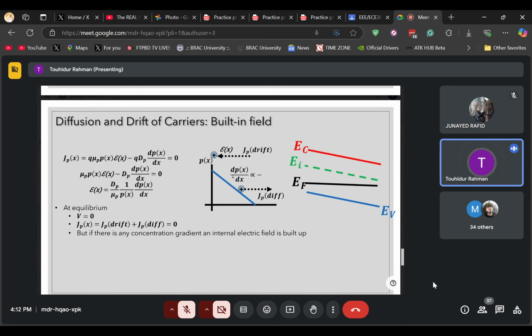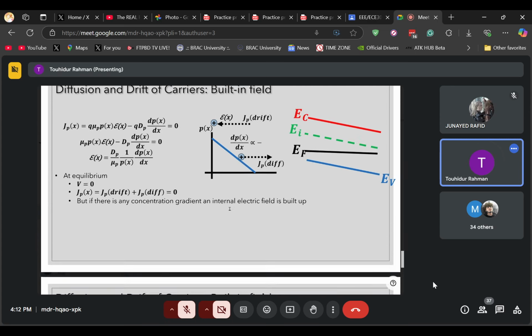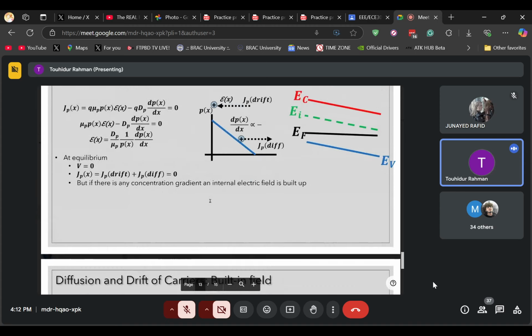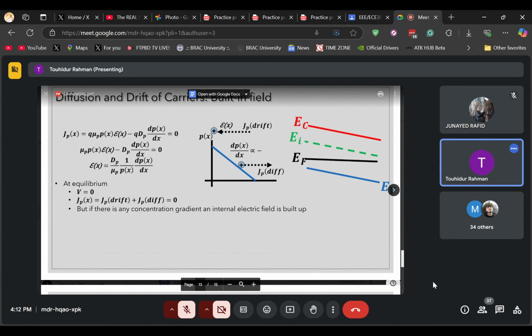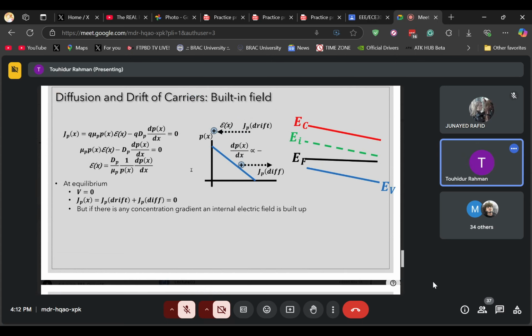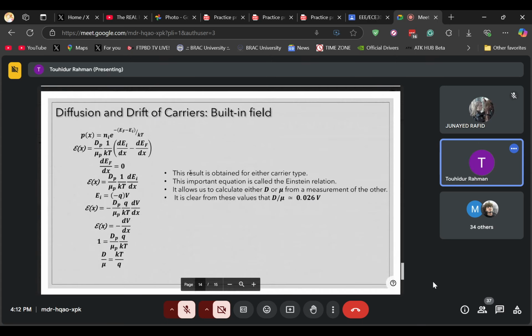All right. I hope all these notations make sense to you. If not, let me know. Okay. And with the same condition, by applying the same condition, we can derive this famous equation. It is called Einstein's equation.